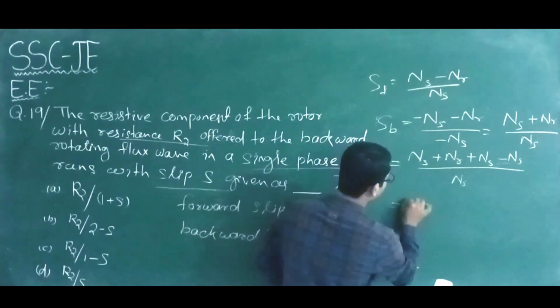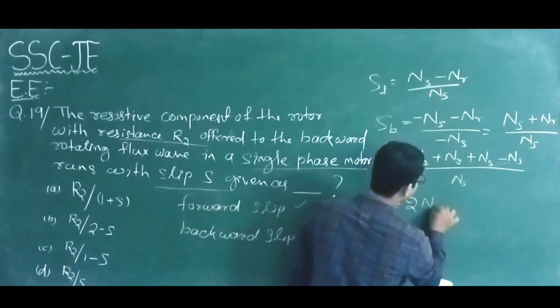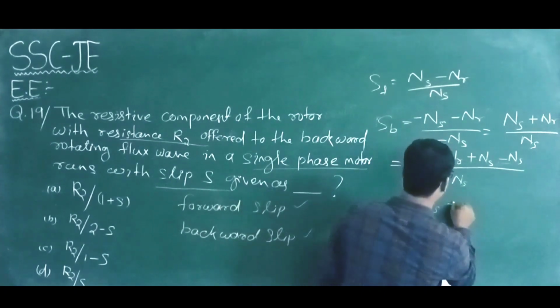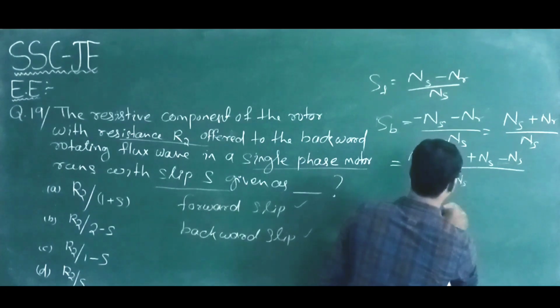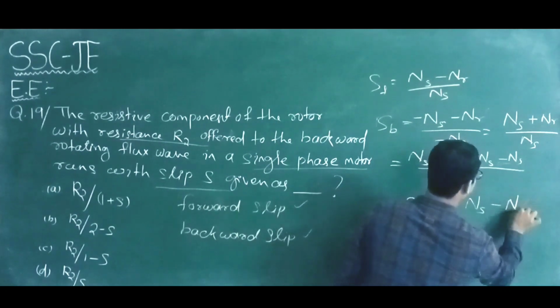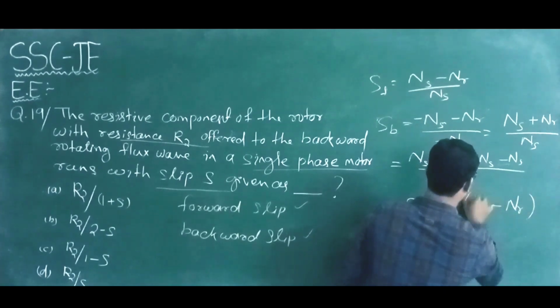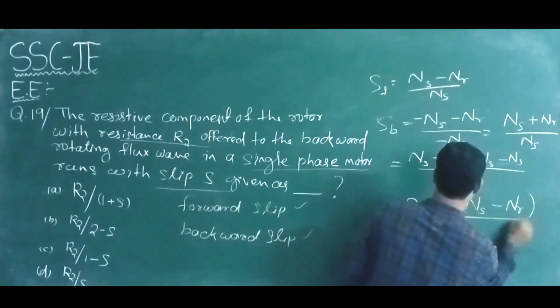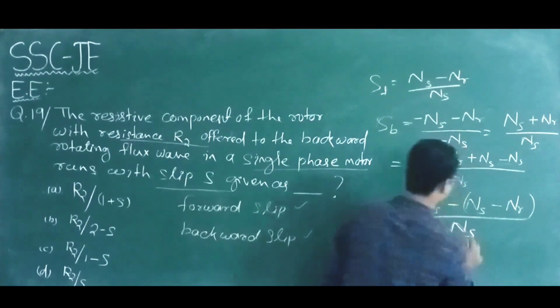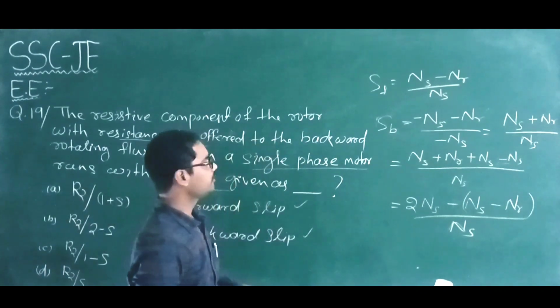So it will be 2 times Ns, then 2 times Ns minus Ns, divided by Ns. Okay.